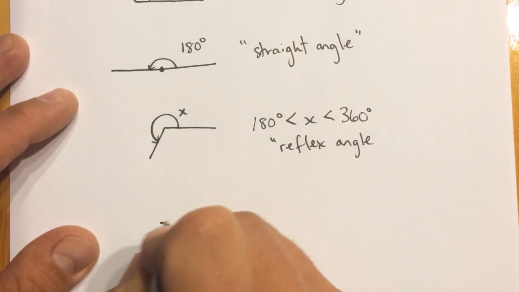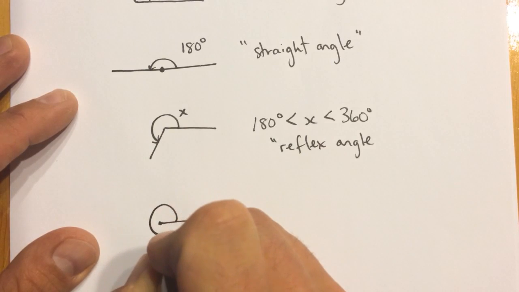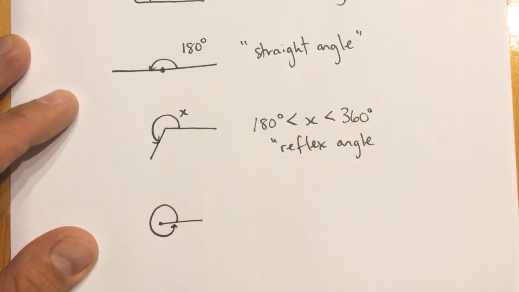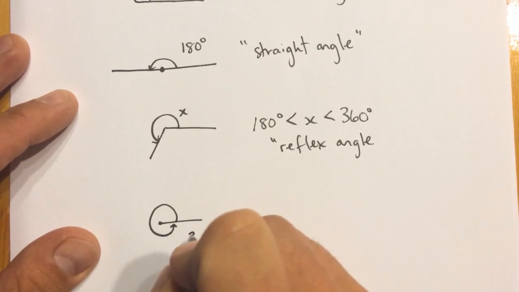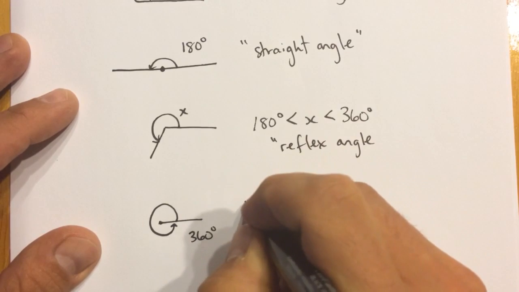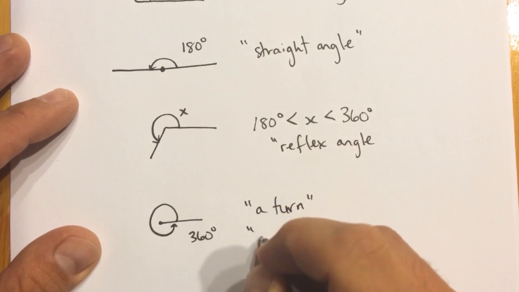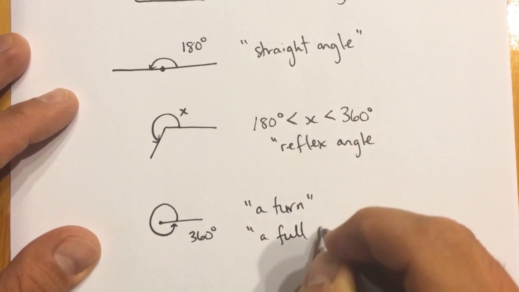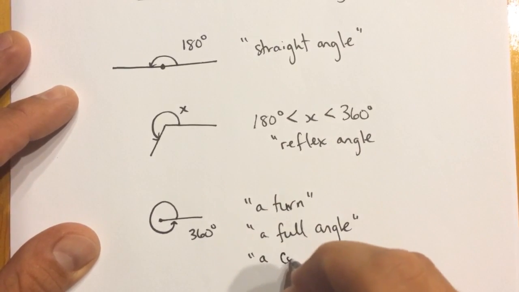And to just reference the last one, what if the angle I'm talking about, we start here and we terminate all the way around in a big loop? That angle there, 360 degrees, a full circle, and it can be called a turn. It's also called a full angle or a complete angle.